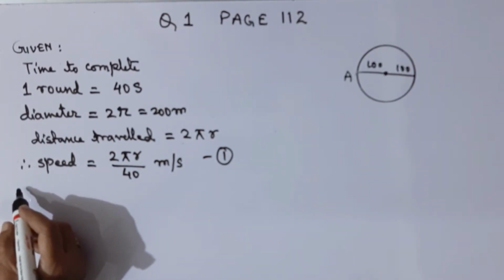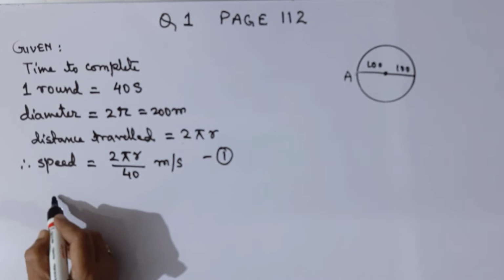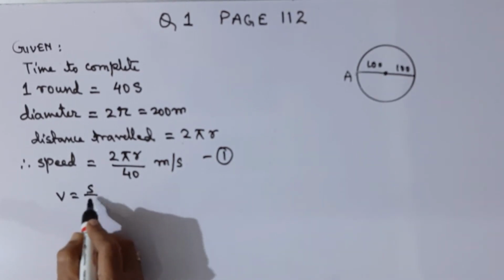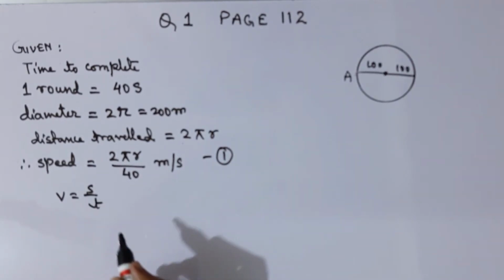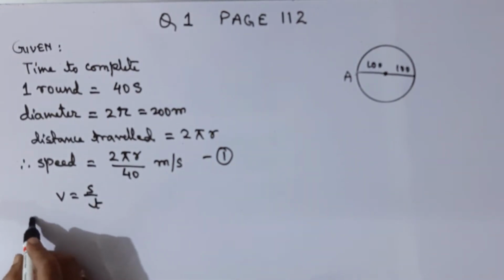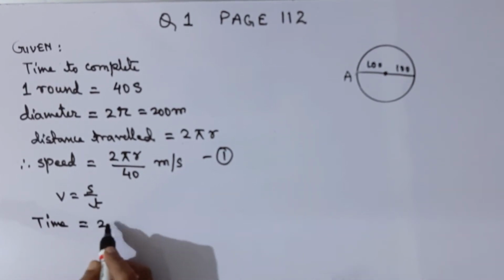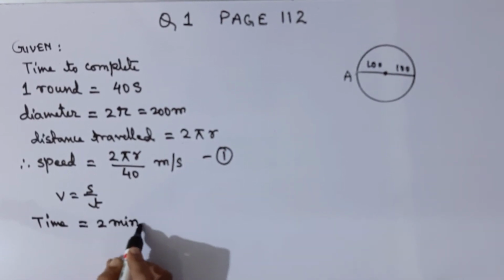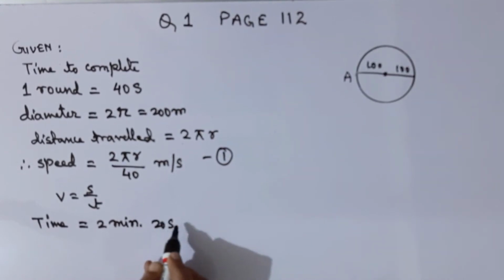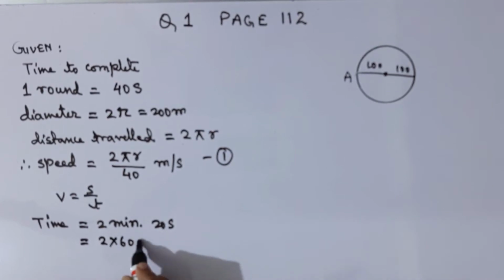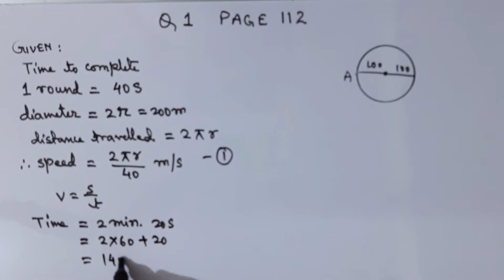Now for the second part of the question, we will use the formula speed is equal to distance upon time, that is v is equal to s upon t. Time here is given to be 2 minutes 20 seconds, that is equal to 2 into 60 plus 20, which is 140 seconds.